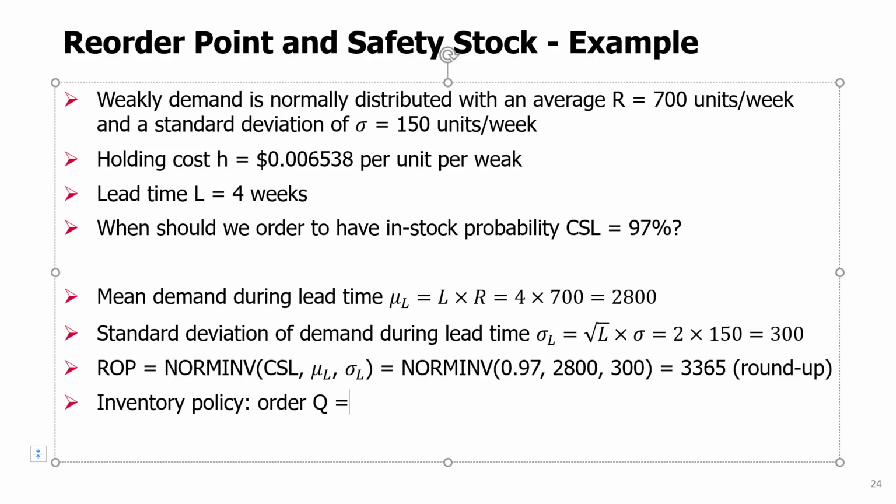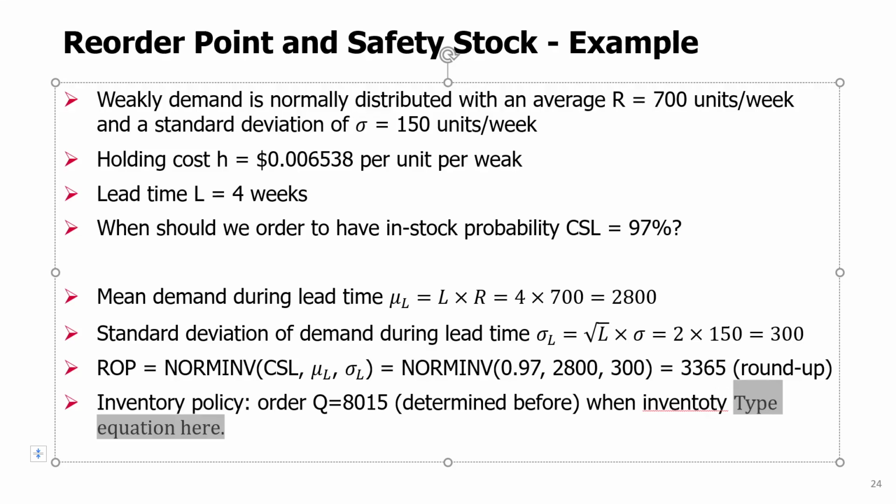Order Q, let's say Q equals 8,015 that we determined before, when inventory is less than or equal to 3,365, which is the ROP, right?